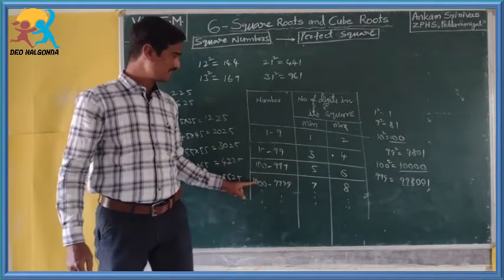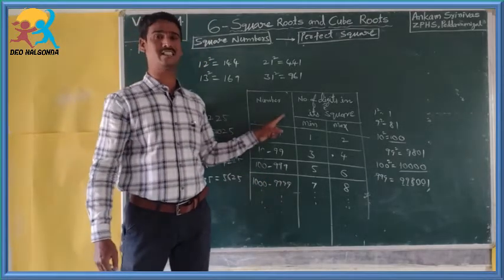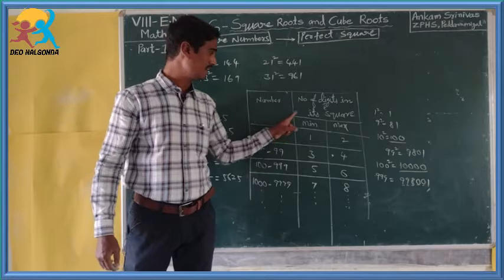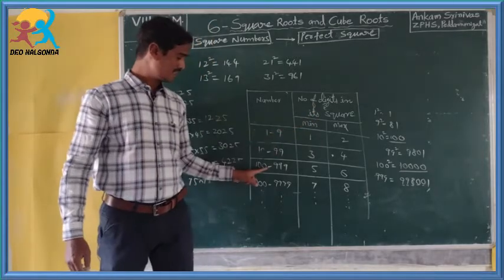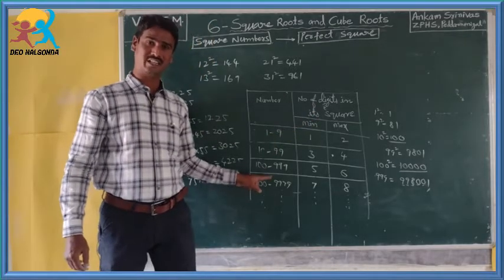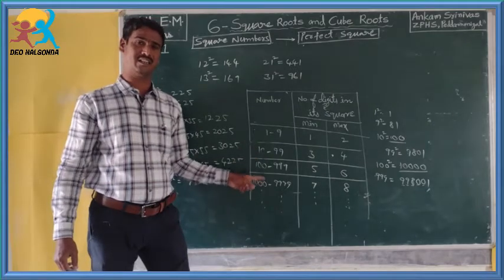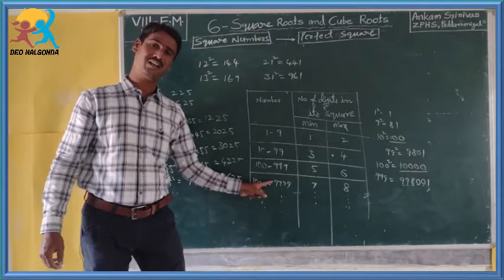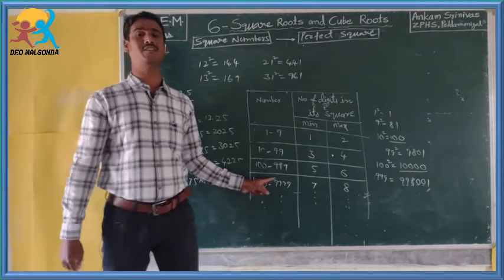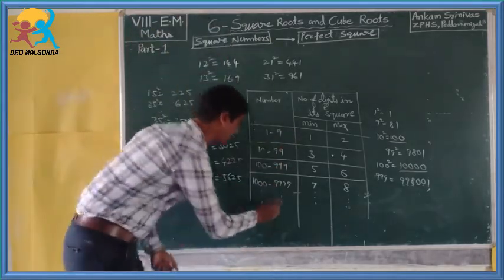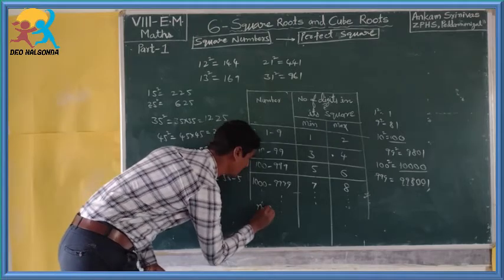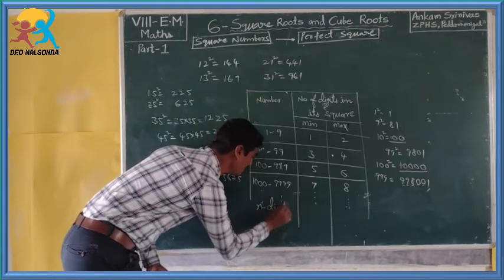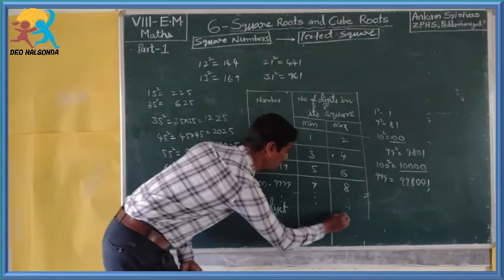That means the number of digits in the square of a given number is double the number of digits of the given number, or 1 less than double. So if I take an n digit number, maximum will be 2n.